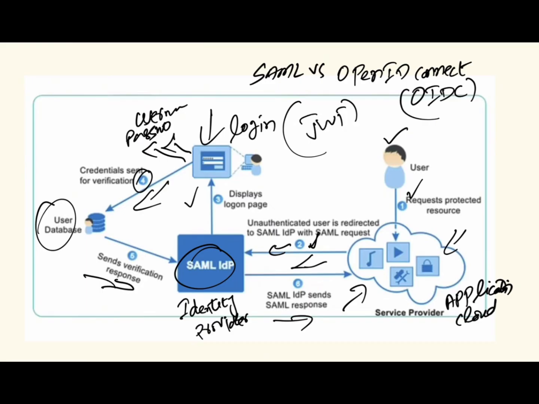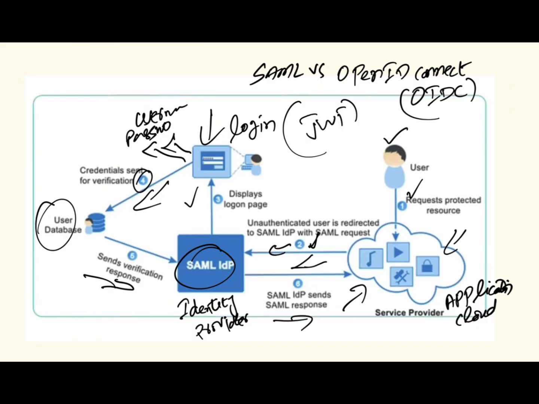Key characteristics: it uses JSON, JWT, is REST API friendly, lightweight and fast, for modern web and mobile apps. Typical use cases: web apps, mobile apps, cloud, SaaS platforms, social logins, new modern applications. It is commonly used.